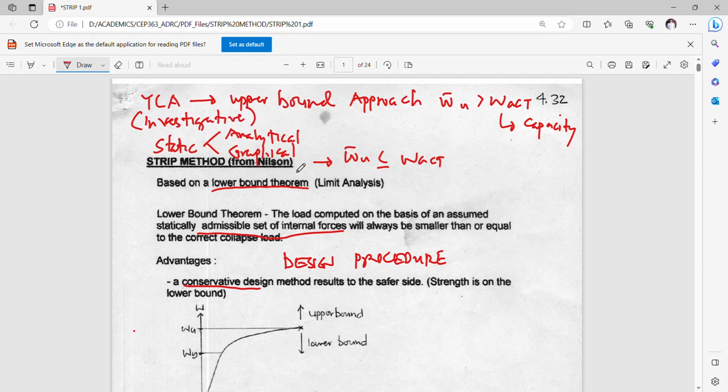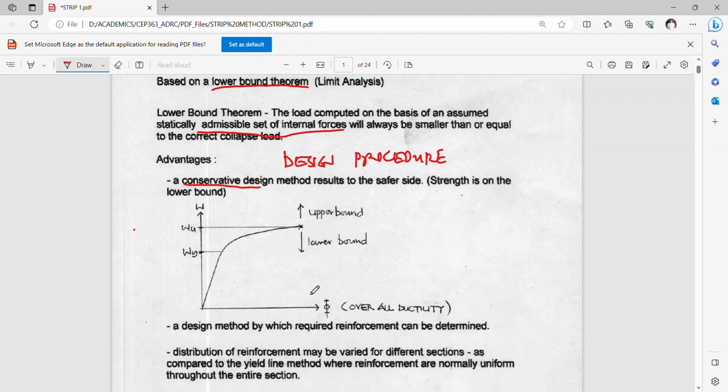While in the strip method, we are actually doing a design procedure wherein the design moments are computed on the basis of a model of your slab panel into strips. Okay, that's why it's called a strip method.